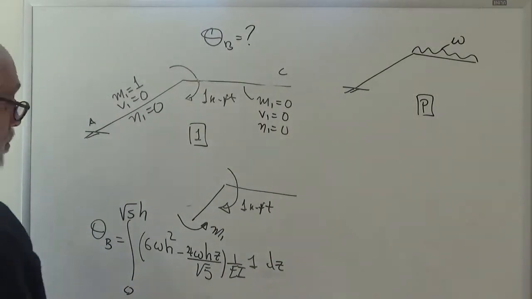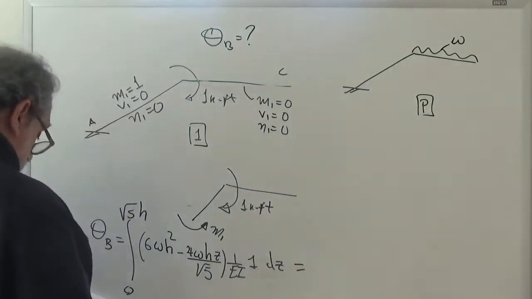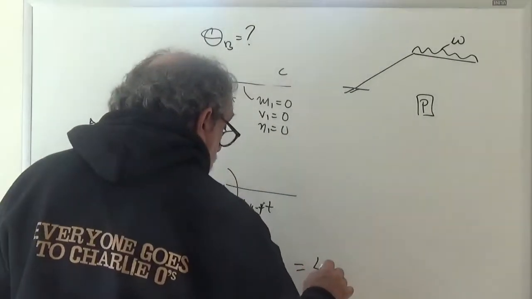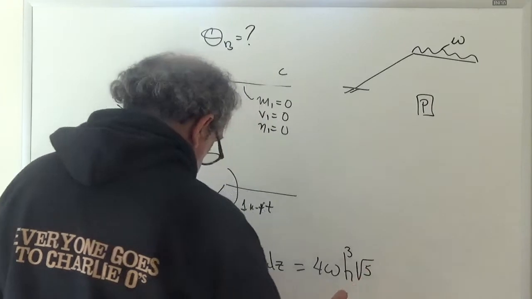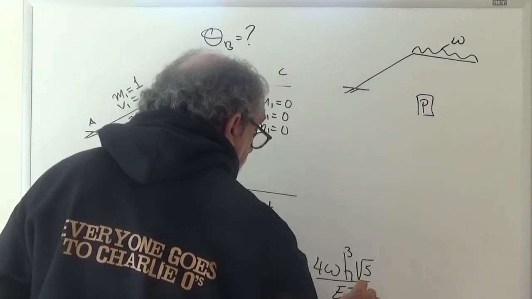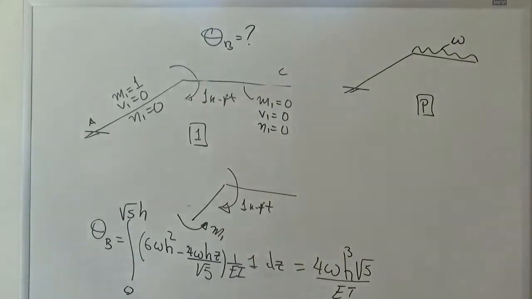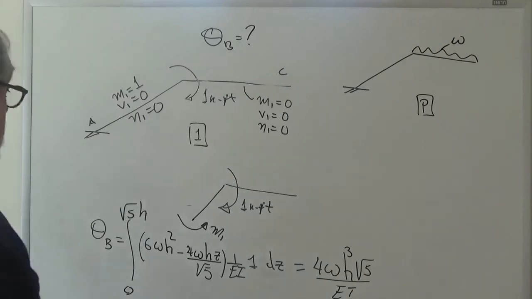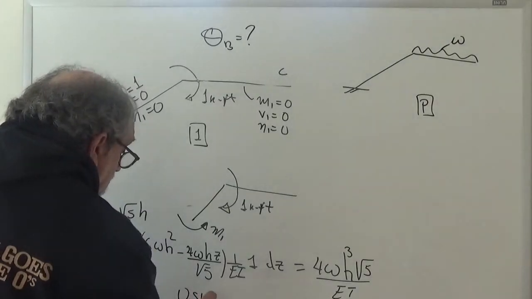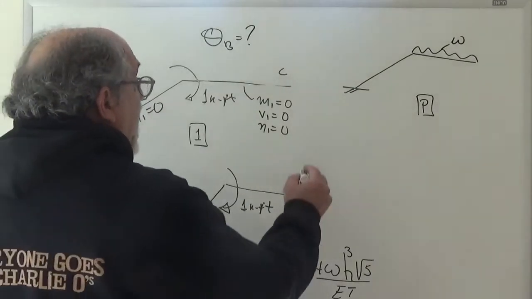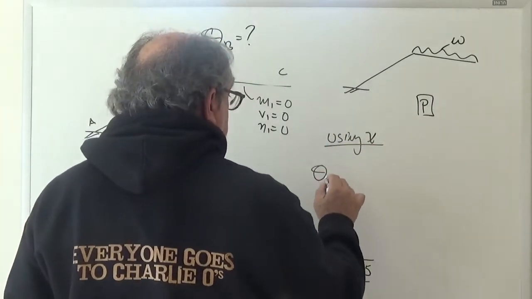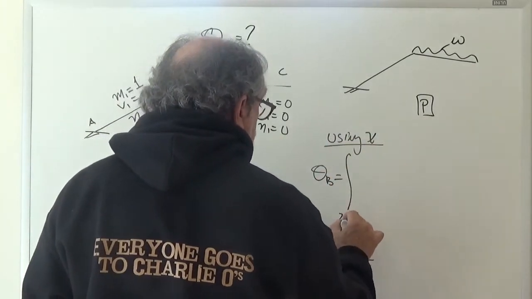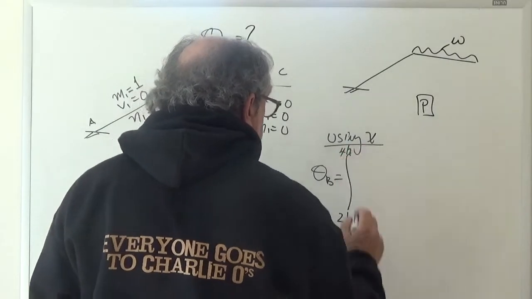And if you do that integral, it comes out to be a couple of parts, but it turns out to be 4w h cubed square root of 5 divided by EI. Okay? Now, if you used the alternative, this was using Z. If you were using X, you would get theta B is the integral from 2h to 4h, right?